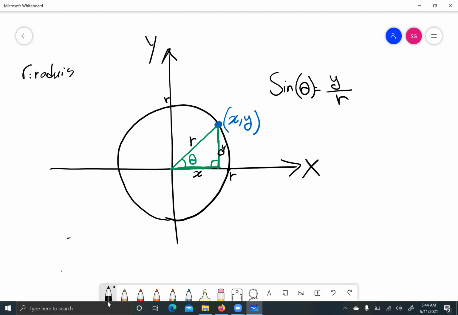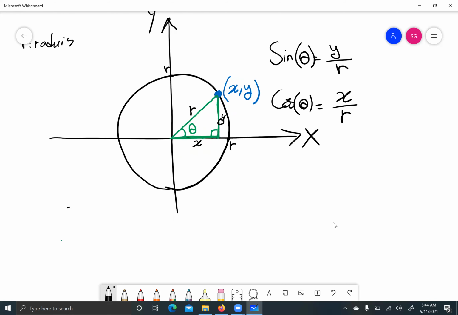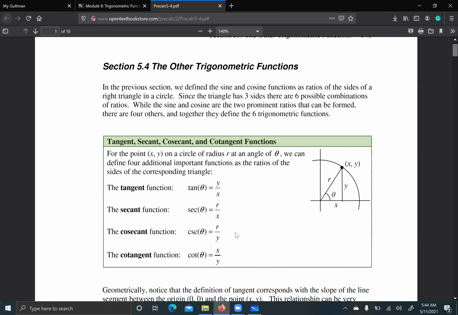Whenever you do this for any angle, we name it the sine function. We say this is sine of angle theta. You can also similarly take the ratio of x over r, and we define this as cosine of theta. So far it's not new. We learned about this in the previous module.